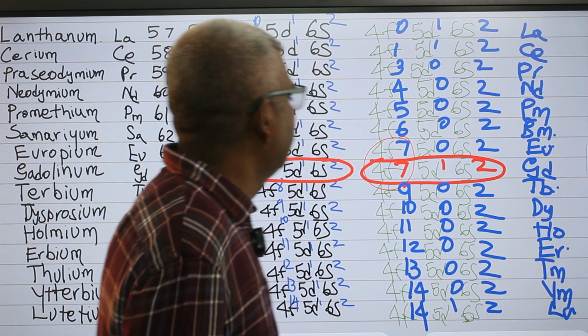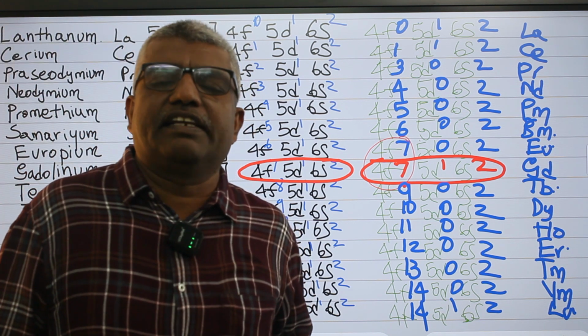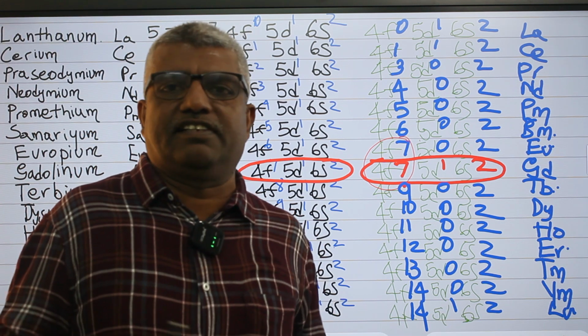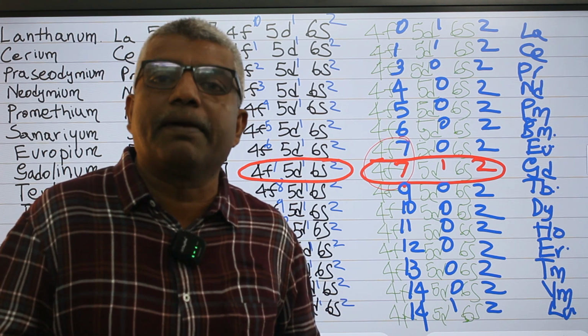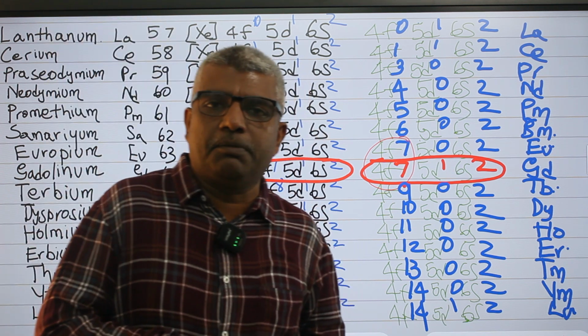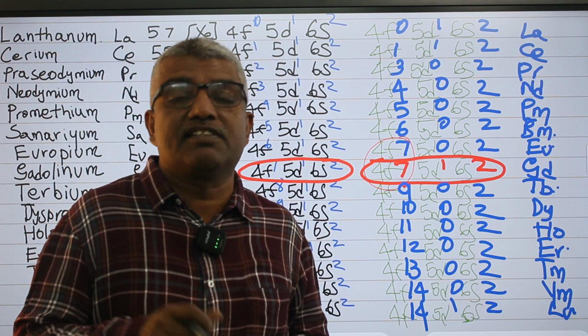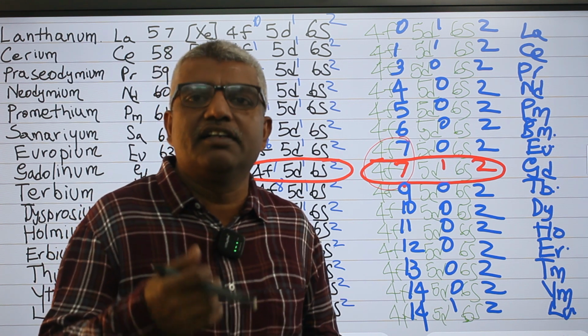Okay. Now, properties of lanthanides. Lanthanides generally have the +3 oxidation state. Sometimes they will exhibit +2 and +4. When will they exhibit +2 and +4? If it is half filled or fully filled or empty.